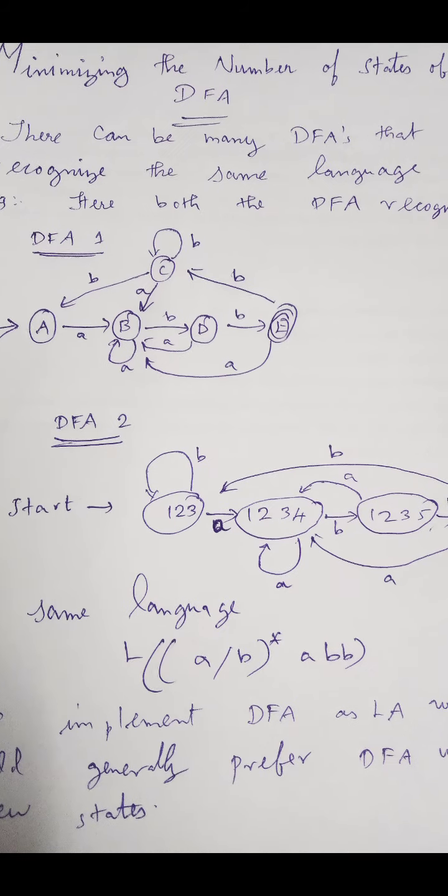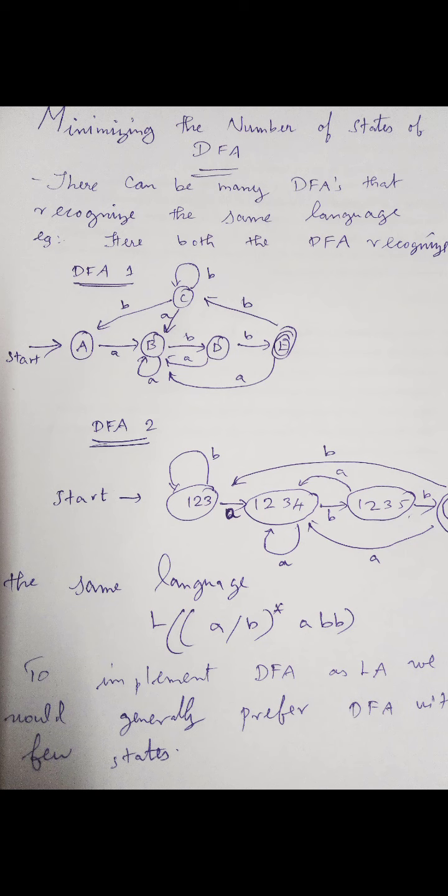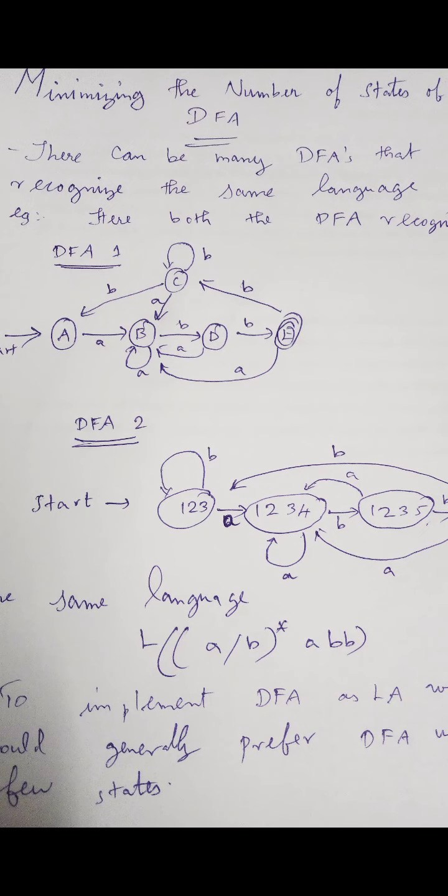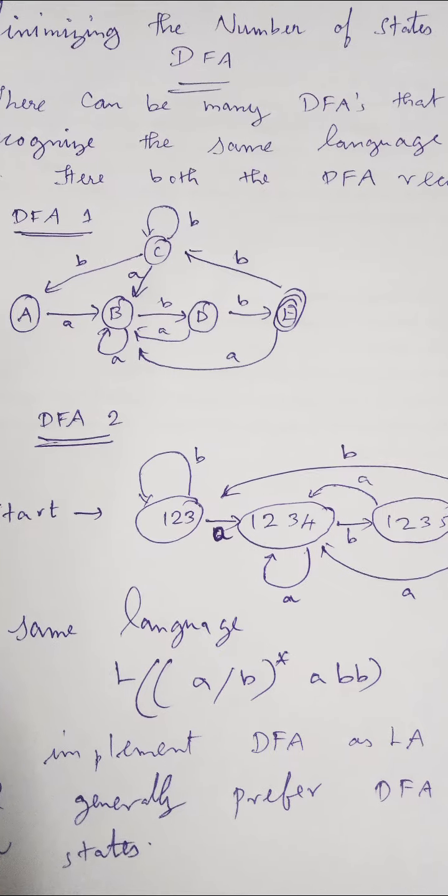The answer is, see here in DFA1, the states A and C both receive the label b as an input, and send the label a as an output to the state B. So both A and C perform the same role.